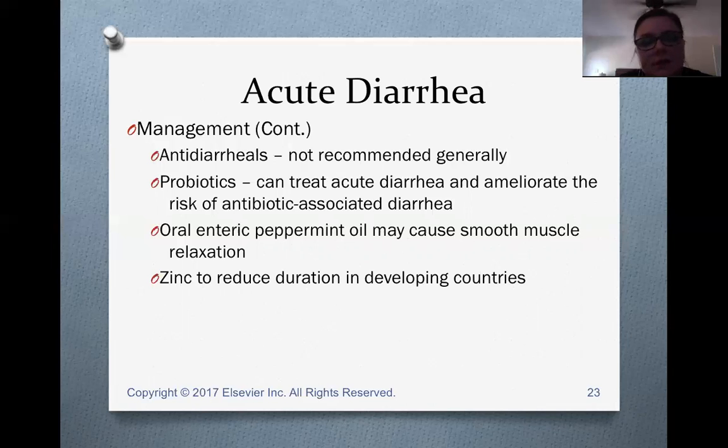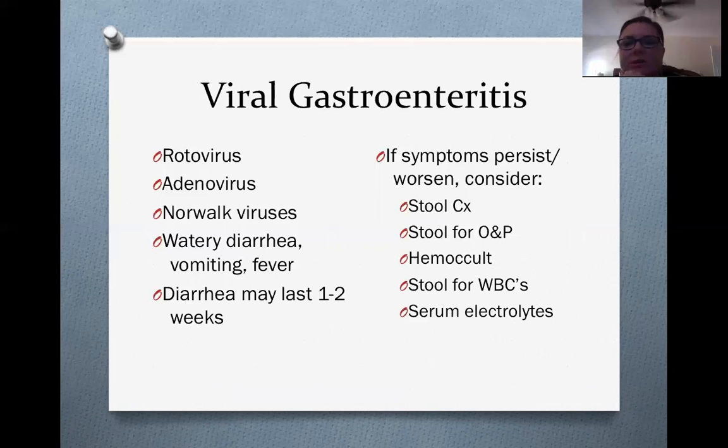So normally we let the diarrhea run its course. Probiotics such as lactobacillus can help with acute diarrhea, and they can also help if a child is on antibiotics and that's what's causing the diarrhea. Some people are using peppermint oils and some alternative therapies to help kind of stop those stomach spasms. But I did want to point out that anti-diarrheals are not usually used in children.